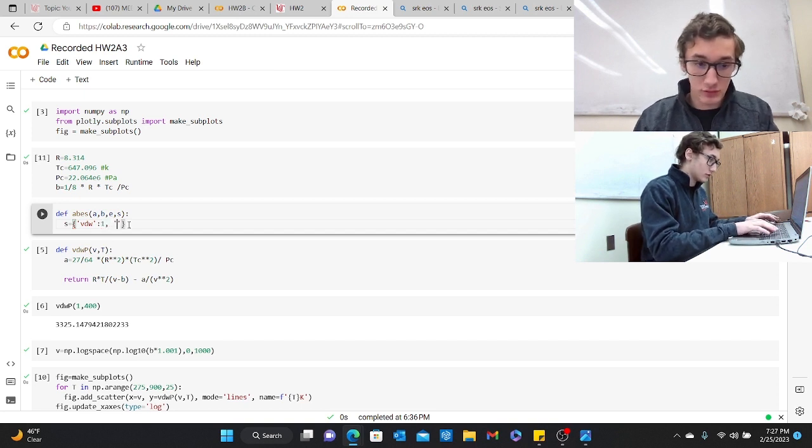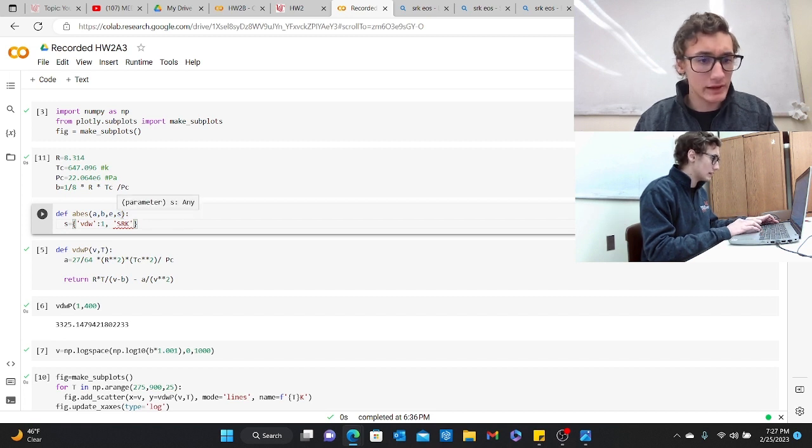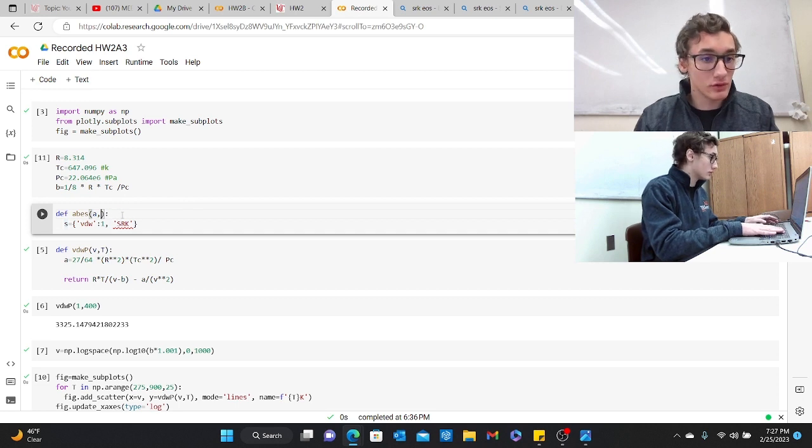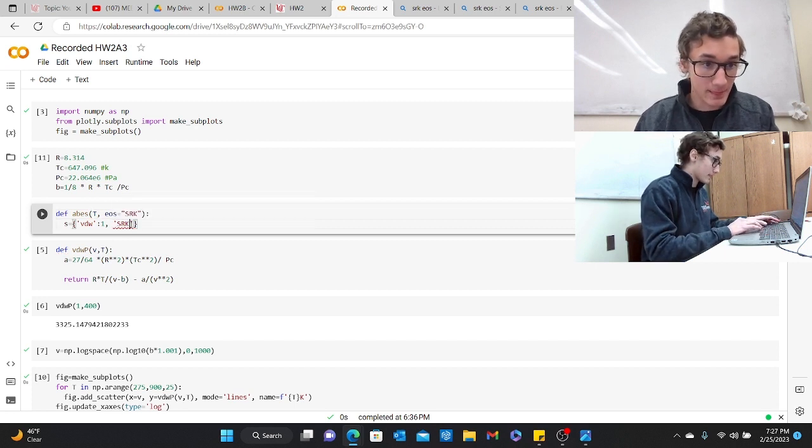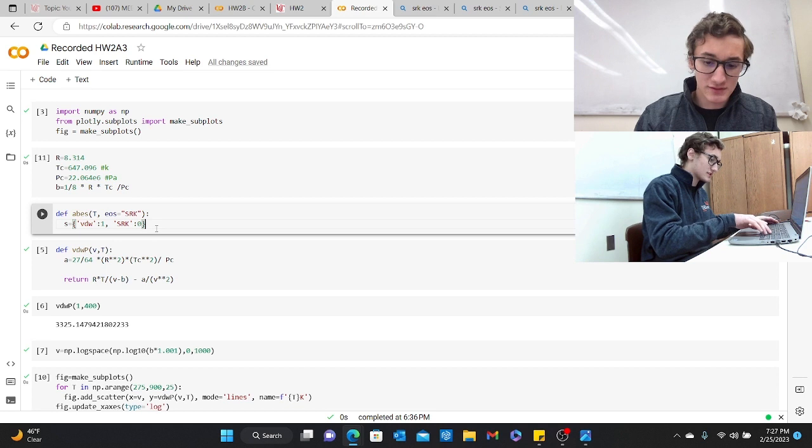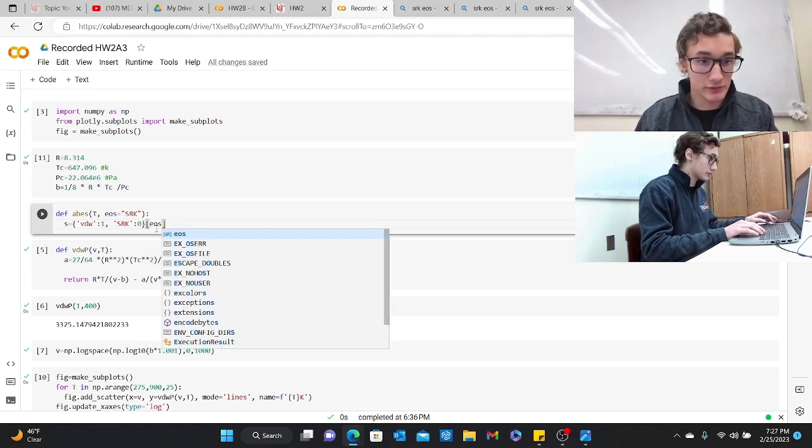And now if we do SRK, we want to input T and then EOS, or equation of state, and that's going to equal, by default, SRK. And SRK is going to equal 0. And this will only happen when we refer to EOS.